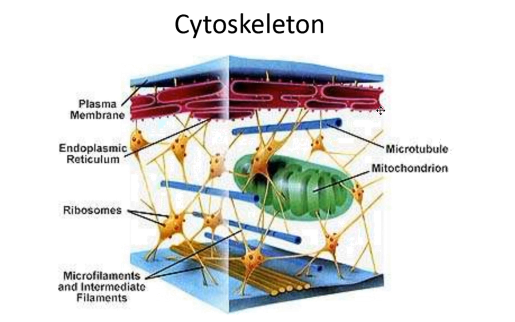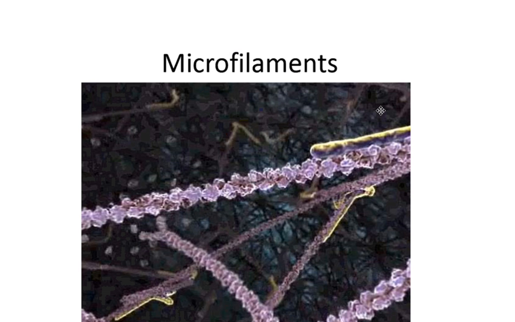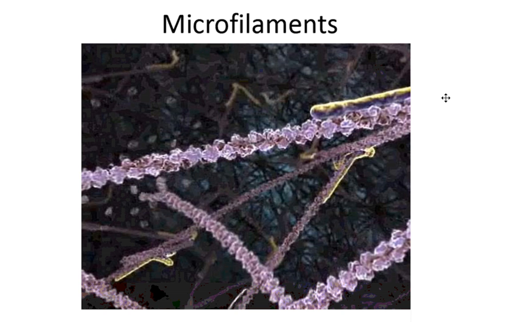The cytoskeleton, this gives the cell structure and support. It aids in the movement of materials inside the cell, and also in moving the entire cell. There are a couple of kinds of cytoskeleton. There are microfilaments.